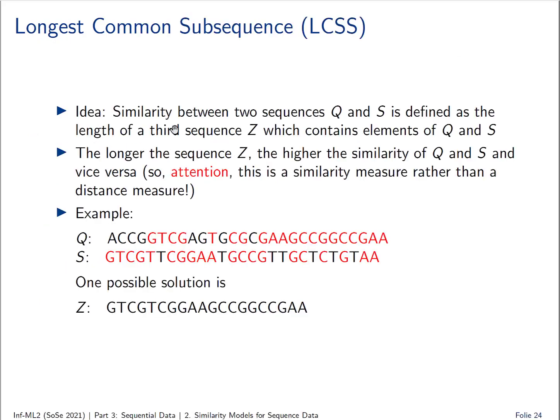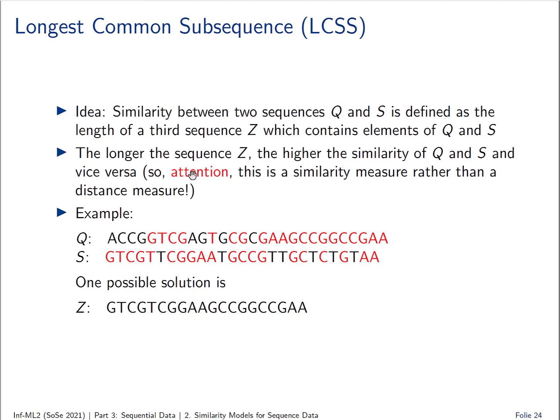So the idea of similarity between two sequences is defined as the length of a third sequence, which contains elements of Q and S, and is a common subsequence. Yeah, so the longer the sequence, the higher the similarity between Q and S, and vice versa, of course.